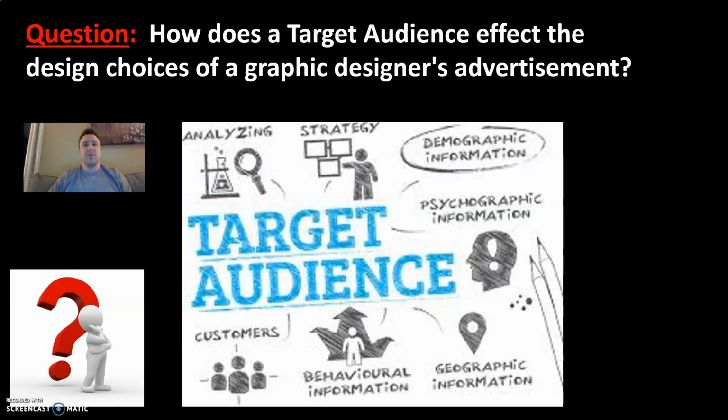So let's just say, for example, I'm the shoe company Nike, and I want to sell a running shoe. Now, with a running shoe, you think about people who are most physically active. Typically, it's a younger generation, whether it's teenagers, even kids, or young adults. I probably wouldn't want to sell a running shoe to grandma and grandpa.